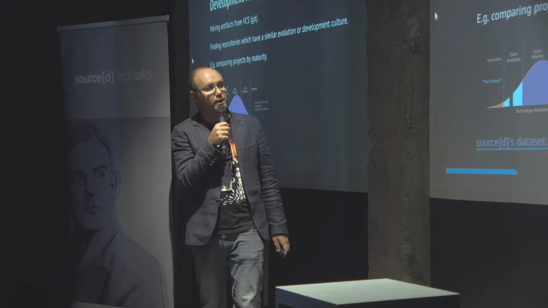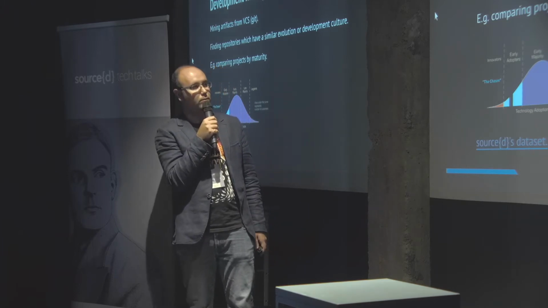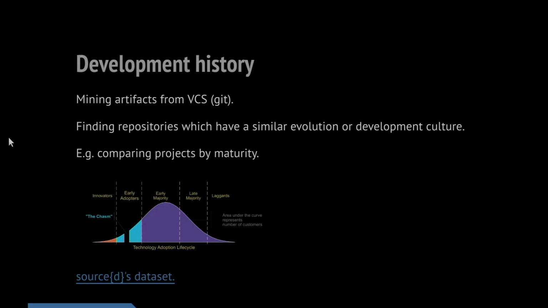Okay, so we can apply development history to find similar repositories in different ways. Just one example is that all technologies usually have this life cycle. Does it work? Okay, great. So, at first, the technology just appears. It has early adopters.